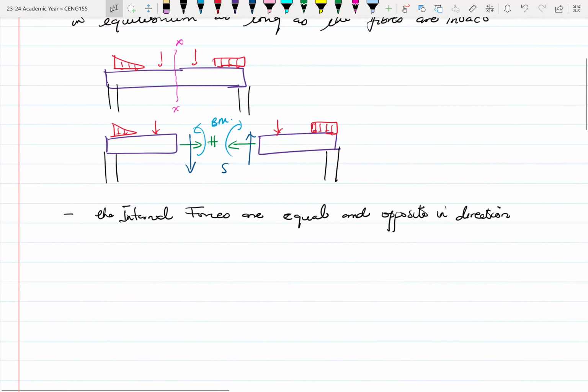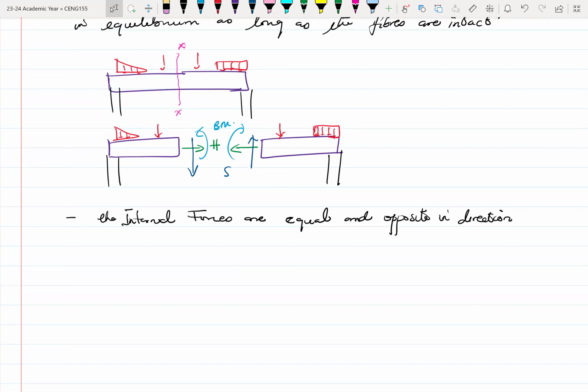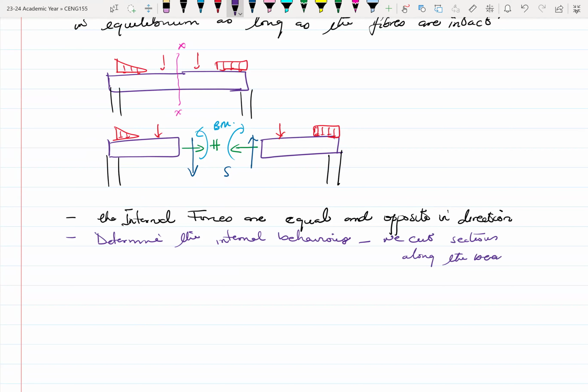And to determine the internal behavior, we cut sections along the beam.